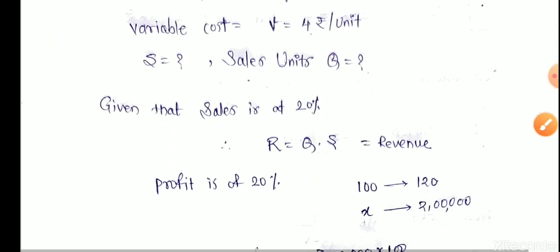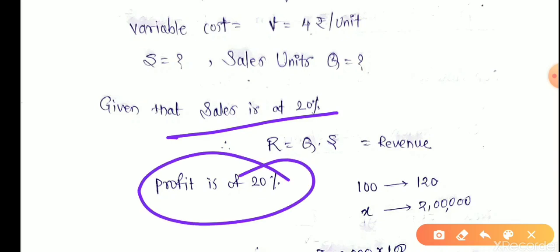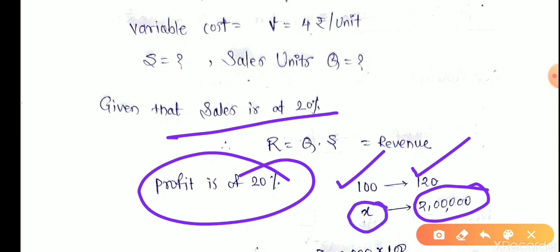Given that the sale gives a profit of 20%, it means after 2 lakh rupees in our hand, we already have the 20% profit with us. Are you getting this? If you have 100 rupees, the profit is 20 rupees, then the final amount is 120 rupees. Then what is our investment?